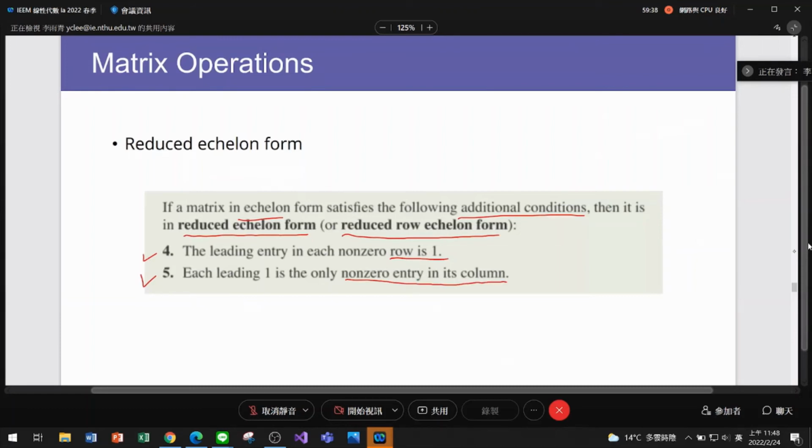So it means that when you have a leading entry, then every element above it and below it must be all zeros.